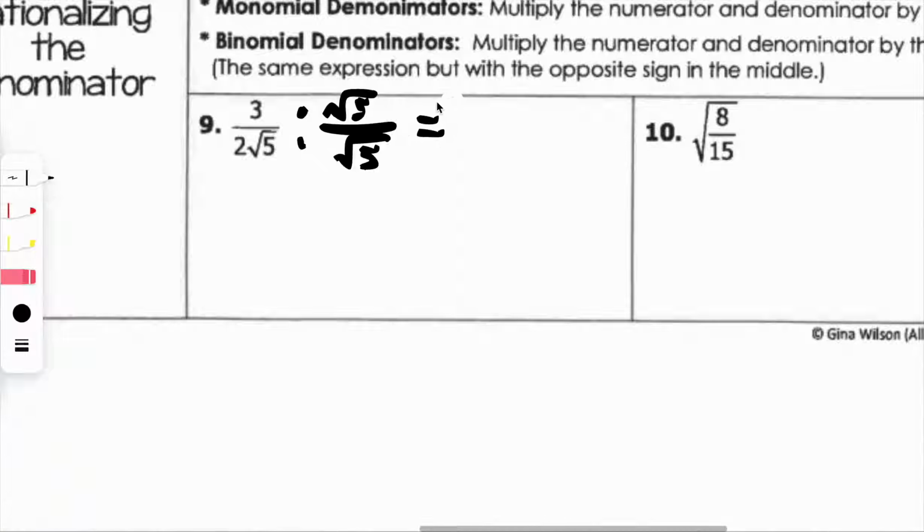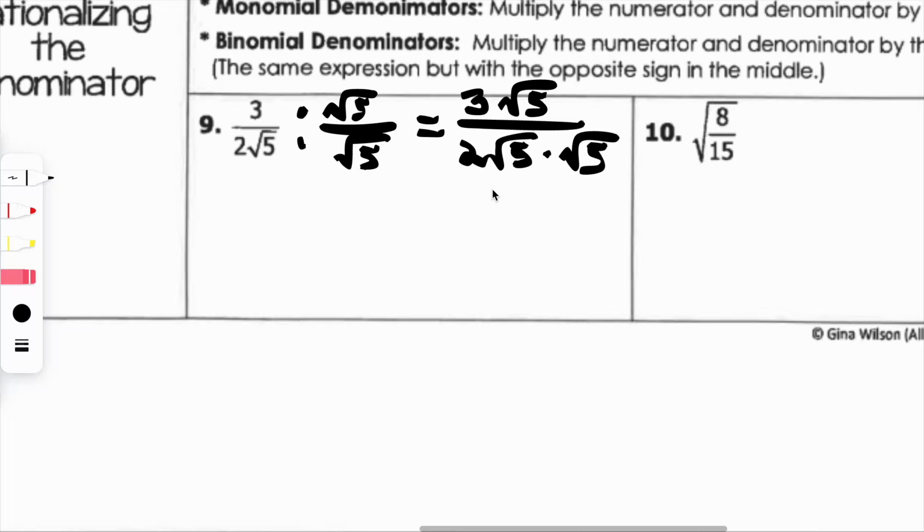So let's just go through this. We have 3 times root 5, which is just going to be 3 root 5. That's going to be our numerator. And then we have 2 times root 5 times root 5. And you know what, I'll write this out. Now, as I said before, root 5 times root 5 is just going to equal 5.